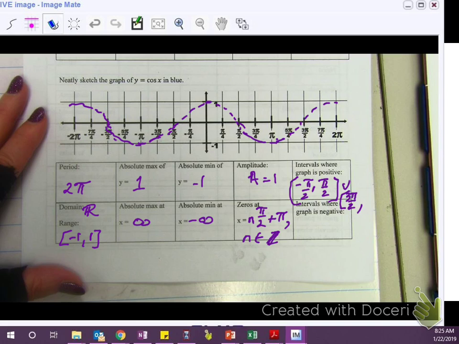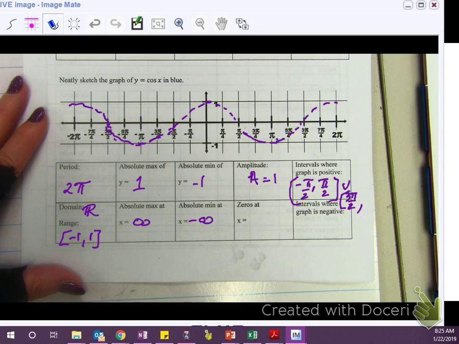So if n is 0, did I do it right? If n is 0, no, I didn't do it right. When n is 0, it's going to be pi, and that isn't right. I didn't do it right. Thank you for asking. If you just remove the plus pi, you'd be right, just n times pi divided by 2.